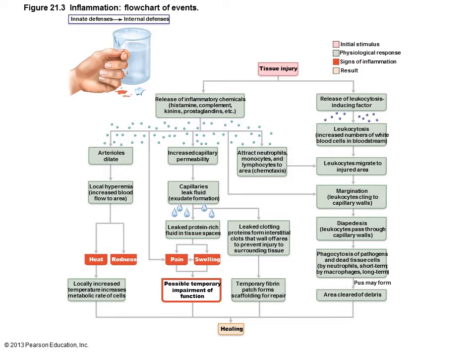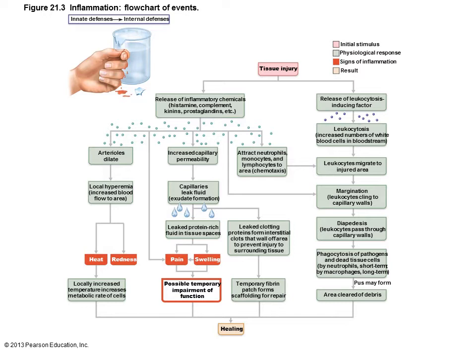The signs of inflammation are redness, heat, swelling, and pain, and normally they begin with chemicals released into the extracellular fluid by injured tissue, immune cells, and blood proteins.